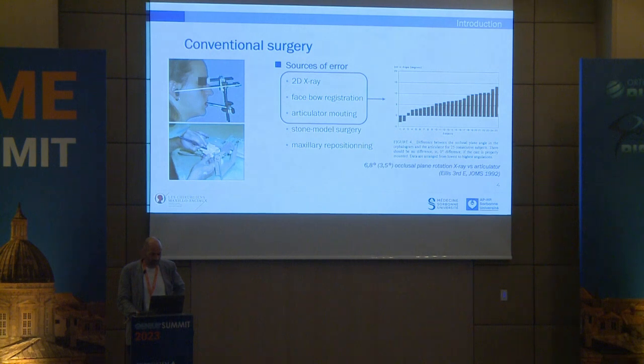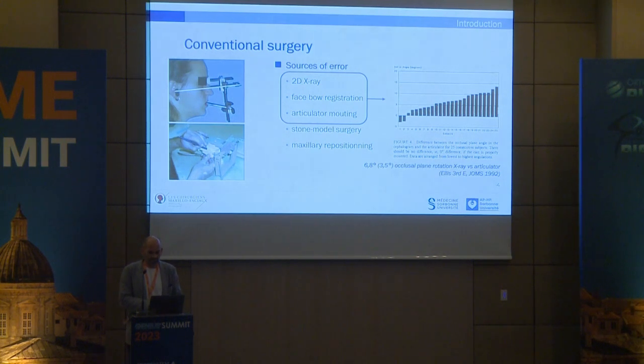So it's very difficult to be certain of the accuracy of this registration, and of course it's not possible to superimpose your registration and the result of the surgery. And we know that between the teleradiograph and the registration, we have differences in the occlusal plane.